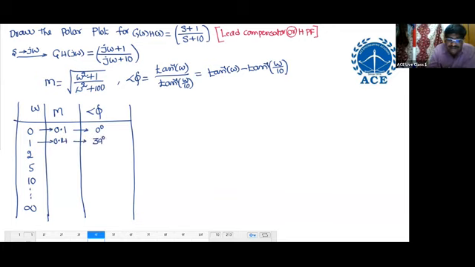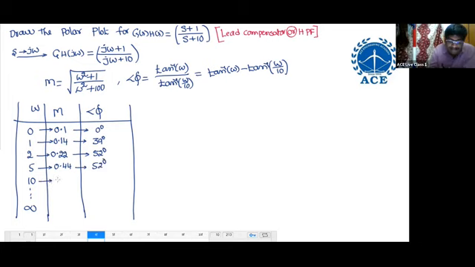Omega 2: 0.22, and 52 degrees. Omega 5: 0.44, and 52 degrees.